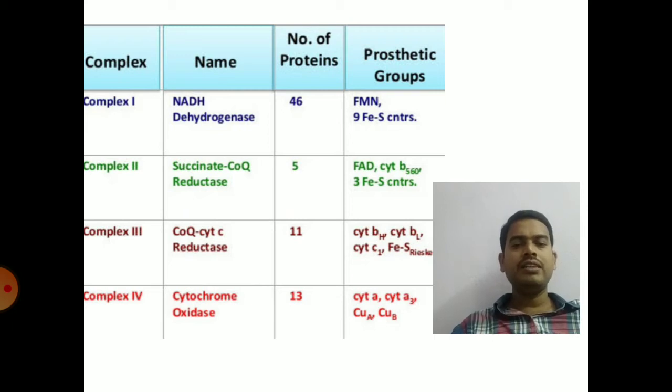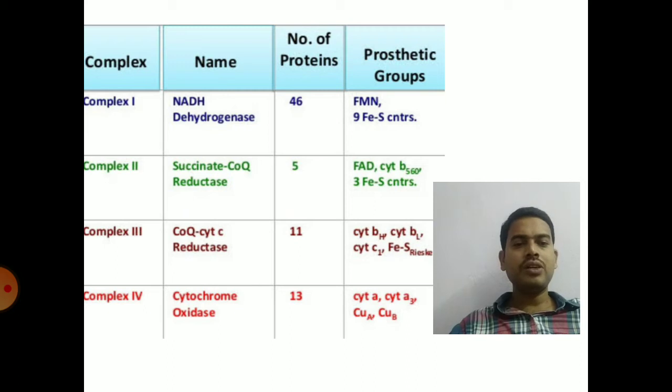Apart from that, there is another complex called complex 5, that is ATP synthase. ATP synthase acts like a turbine and plays an important role in the synthesis of ATP molecules. It will couple ADP plus inorganic phosphate to form ATP molecules.